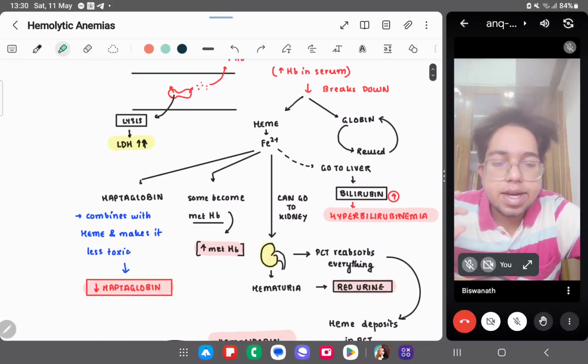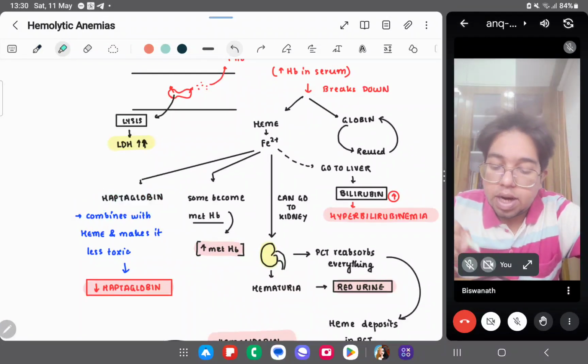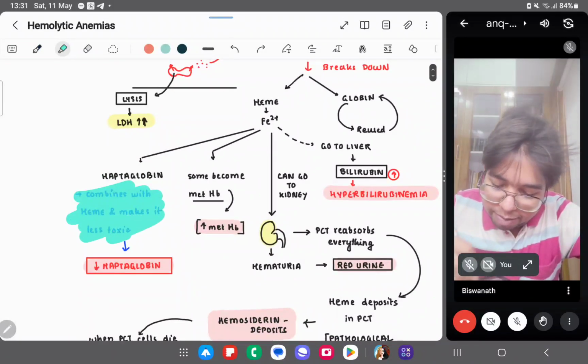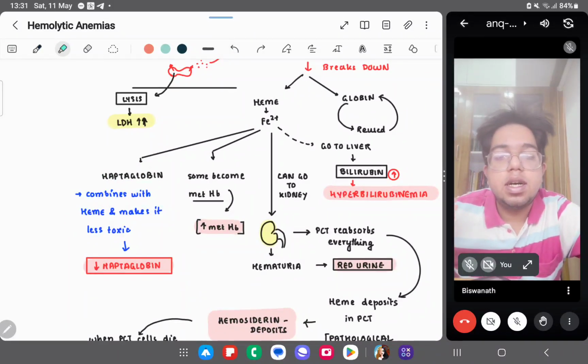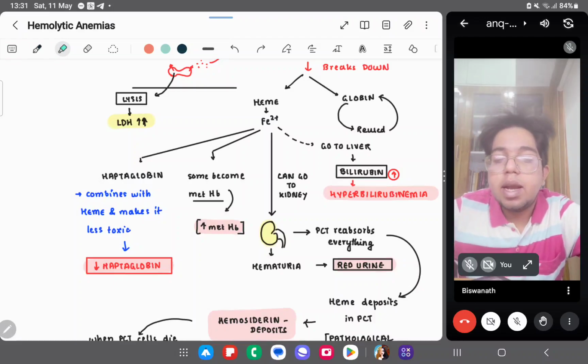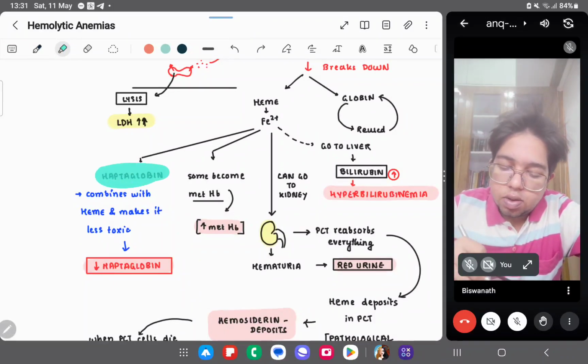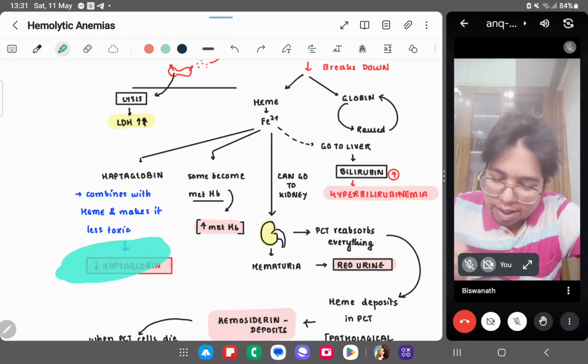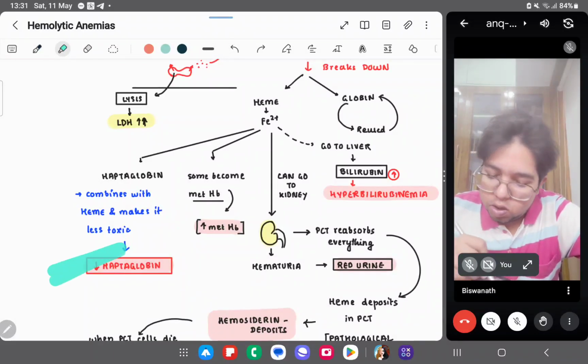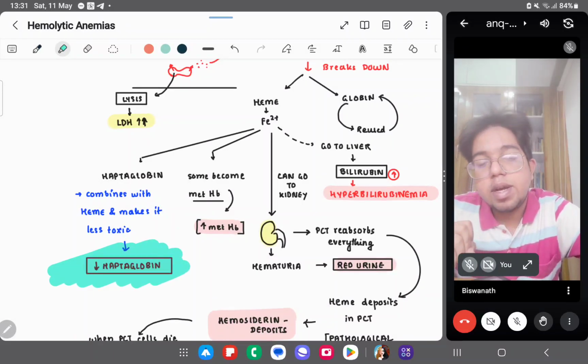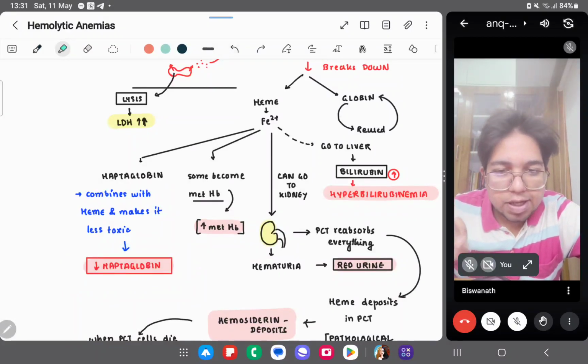Haptoglobin is the iron carrier. So haptoglobin combines with heme and makes it less toxic. So if it combines with haptoglobin, then the levels of haptoglobin will fall. So this intravascular hemolysis will cause a fall in haptoglobin levels, right?